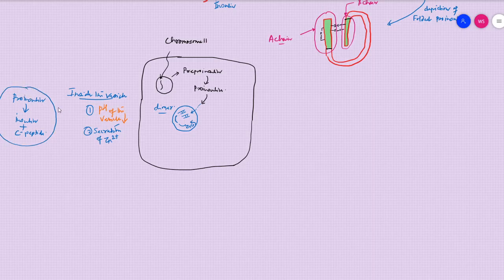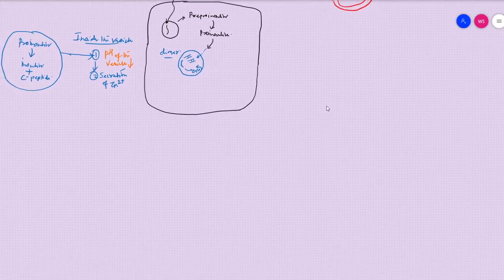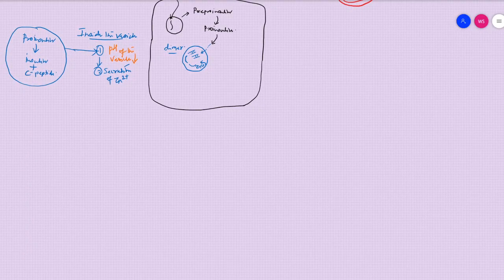Okay, subsequent to this, what happens? These two happen. Okay. After this, step 1 happens, then step 2 happens. So there is secretion of zinc ions into the vesicle. Now what will these zinc ions do? Okay, so now we're going to look at the role of zinc ion.